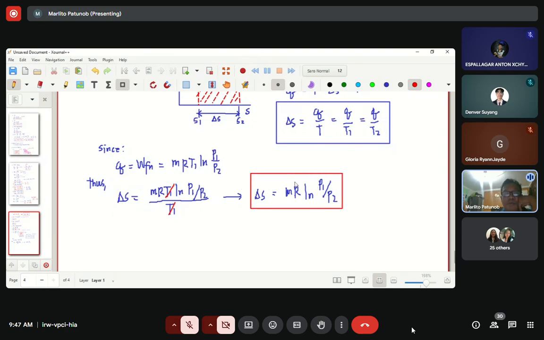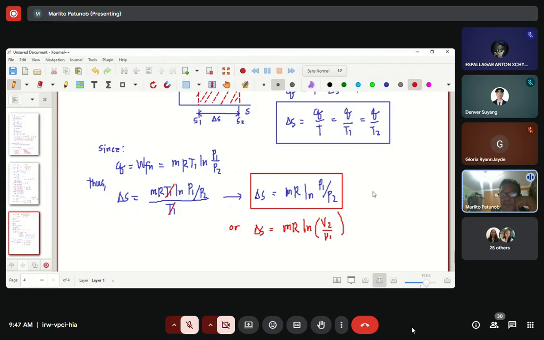Or you can say your delta S can be mR ln V2 over V1, no?